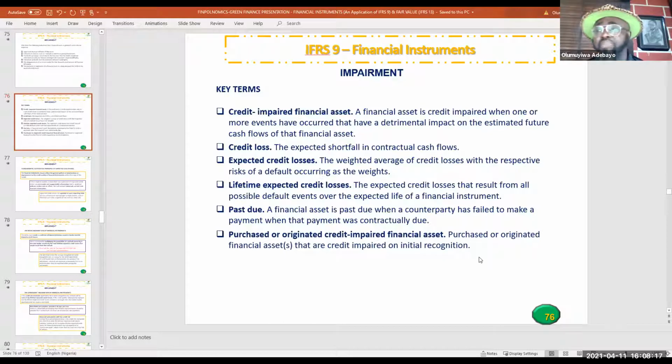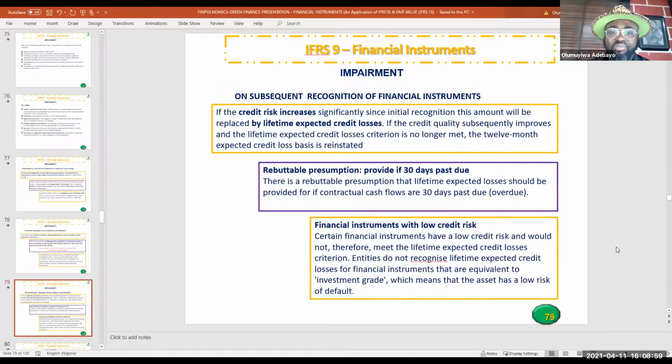I don't think there's a better example than that of AMCON. If you find yourself in a situation where you buy a bad debt, buying a bad debt is also known as factoring of debt. A factoring agent usually buys bad debts, or an invoice discounting agent usually buys bad debts. But instead of loans, those are receivables. They are also considered purchased or originated credit impaired financial assets, which are credit impaired financial assets on initial recognition.